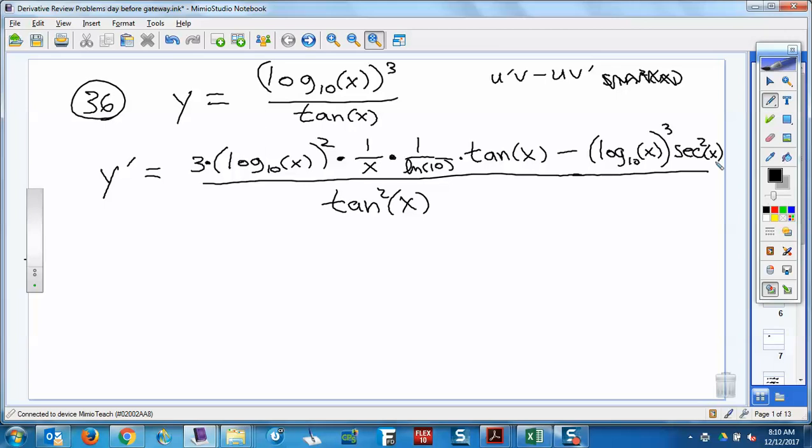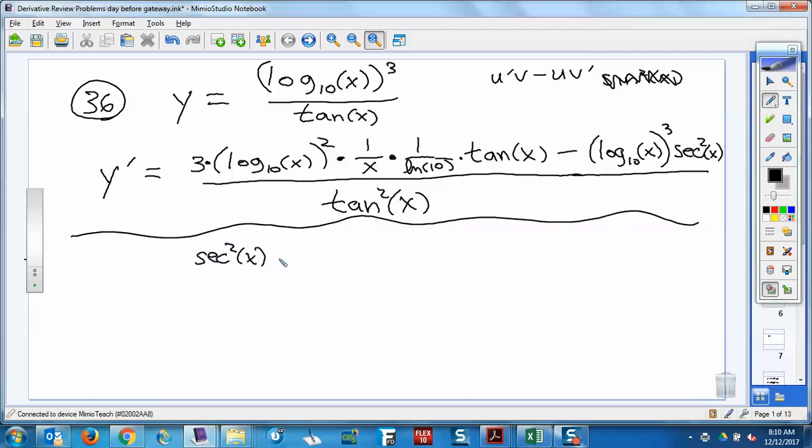So if this problem had been flipped, it would have been the derivative of the top, secant squared, with the bottom left alone. So these two would have just been flipped. This would have been log base 10 of x all cubed, and then minus the top left alone, tangent, and then the derivative of the bottom.